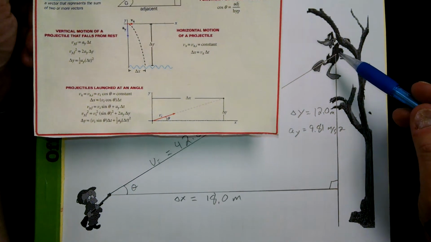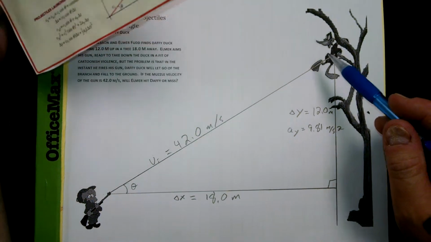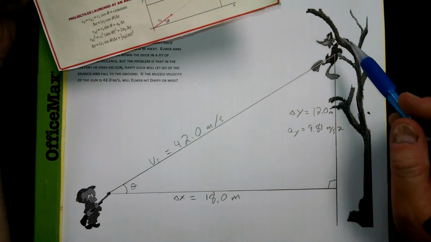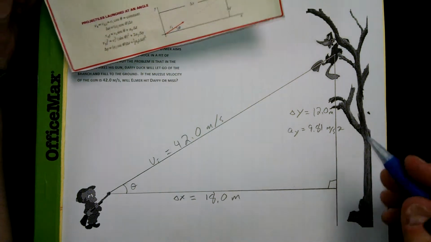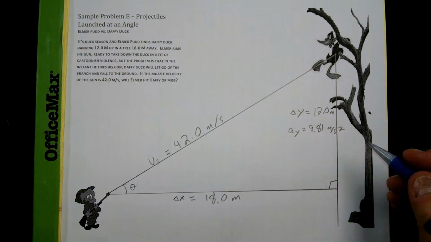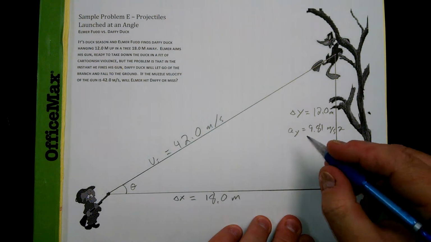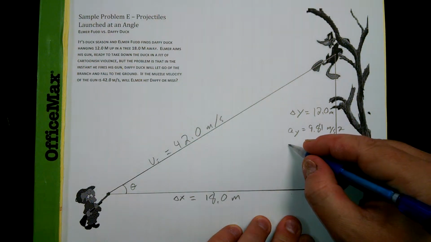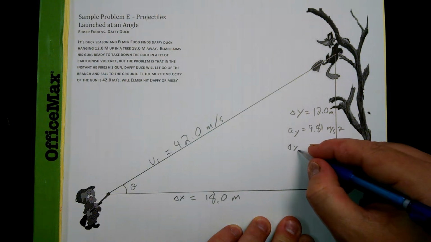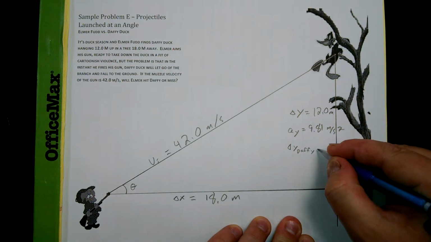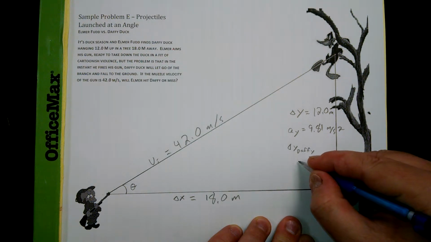Now, in this case, Daffy Duck has no horizontal velocity. Once Daffy Duck drops, he's just going to drop like, well, a duck. So the first question that I want to know is, how far is Daffy actually going to drop? So I'm going to define a new delta y of Daffy, and that's one of our unknowns.